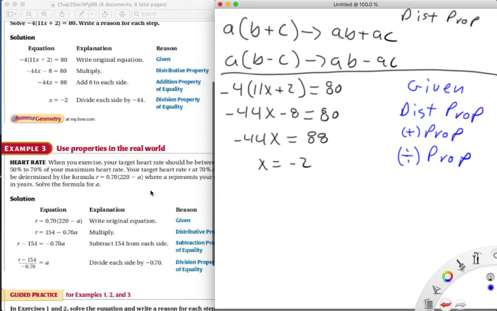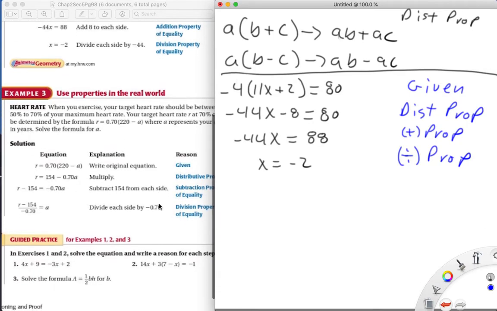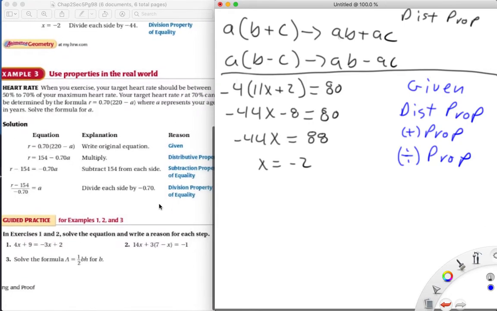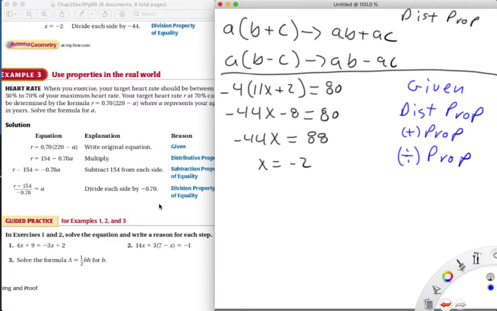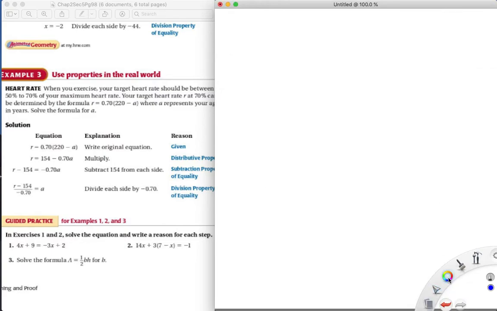This problem is basically the same problem. Alright, so for this they tell us to solve the equation and to justify each step. So let's do that. We have 4x plus 9 is equal to negative 3x plus 2.